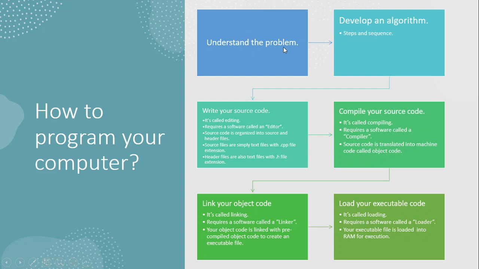There may be a problem in the understanding of the problem, a problem in our algorithm, or a problem in the source code, where the source code does not implement the algorithm properly. So we need to repeat these steps until we solve the problem using the computer. This is basically how we program a computer.